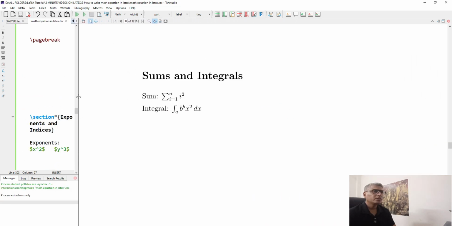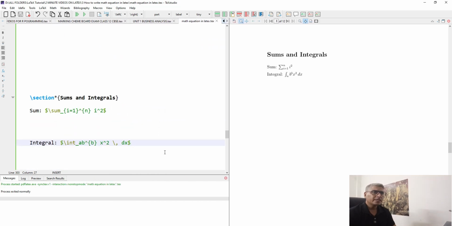So here you can see that the function has become b raised to the power b and x square. That means it is considering this as a function, not the lower limit. That means AB is not the lower limit here. So we have to make it clear in our code what we are going to show in our result. So here we have to understand that we are considering this AB as the lower limit and not B as a function.